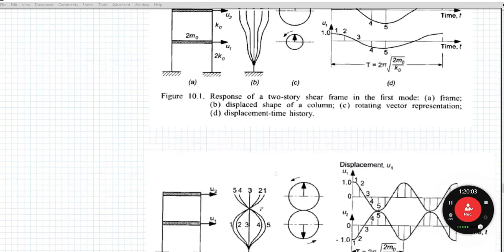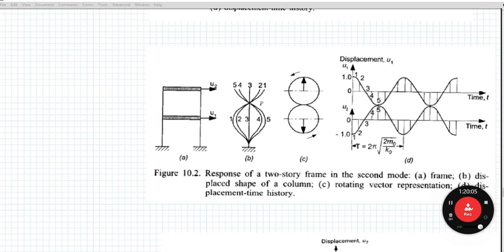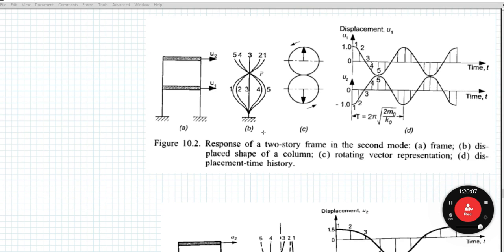Another nice one, which is the opposite, is the response of the two-story frame in the second mode. So this is the second mode. Similarly, this is 1, and this is a little bit 2, then 3, 4 after that. 3 is the neutral position.